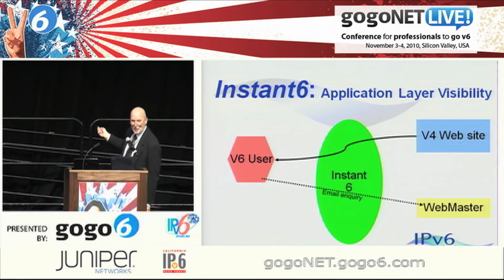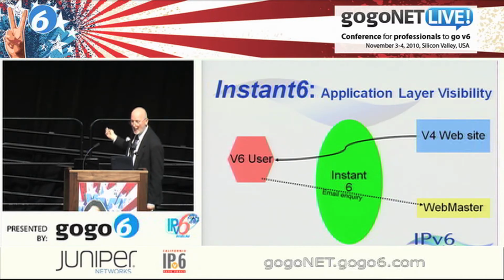Instance 6 has got the job of converting the content from that V4 only instance into a V6 only information stream. The user doesn't know that Instance 6 is involved. The user is just on a V6 only connection. The DNS system is in operation, the Quad A record is correctly set up, and the V4 web content is being converted by Instance 6.